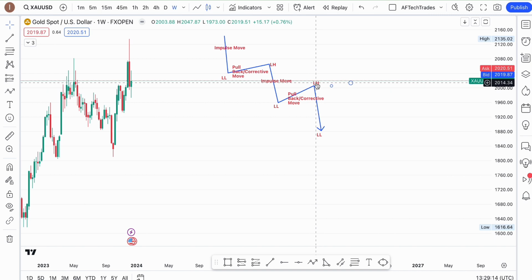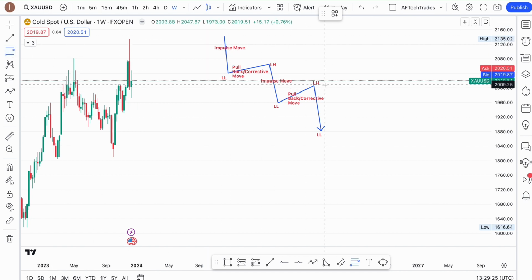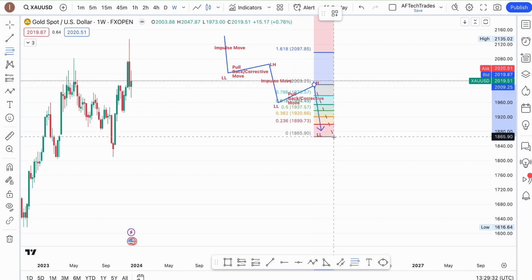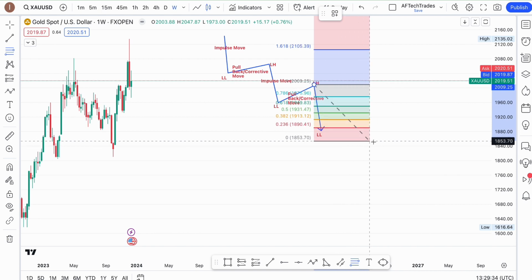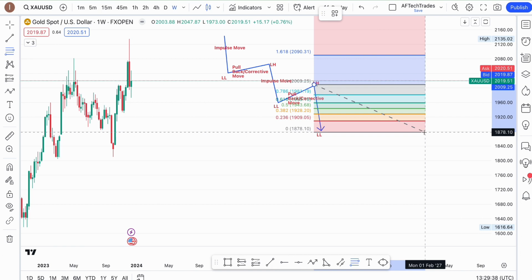So what you do is you now pull out your Fibonacci retracement tool. You put it on the recent swing high. Where is our recent swing high? Here, right? Then you drag it down to the recent swing low, like this.